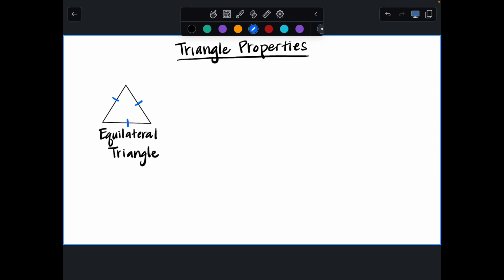All three sides are congruent. These little blue ticks on the sides tell you that they are the same length. Also, all three angles are congruent.